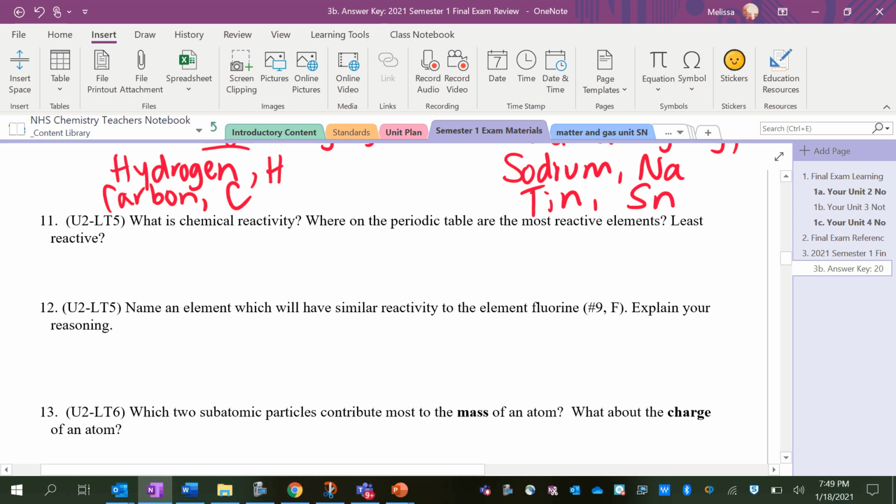So, if it's interacting with water or if it's interacting with a metal, for example, and it releases energy, that's a big sign that it is reactive.